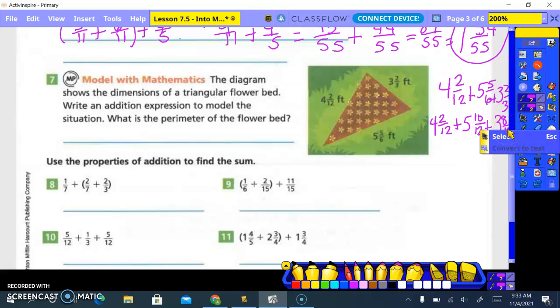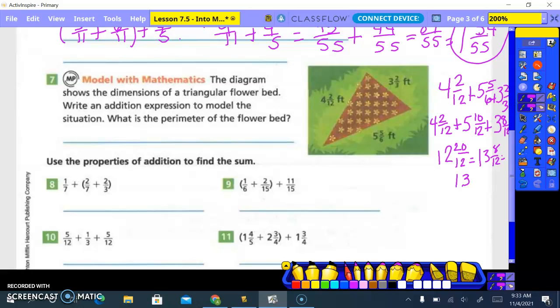Okay, so what is 4 plus 5 plus 3? 12, right? And then 2 plus 10 plus 8 is 20. So 12 and 20/12s, which equals 13 and 8/12s.